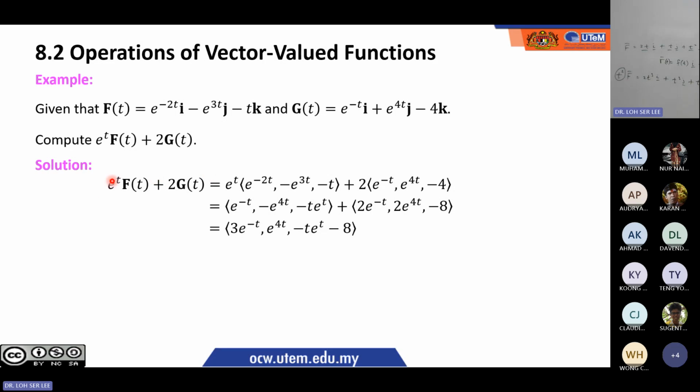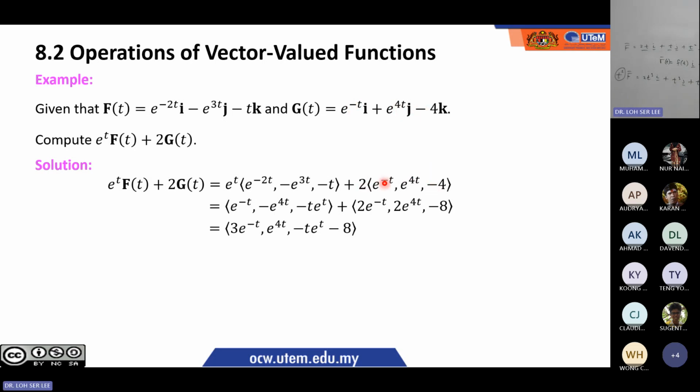Now we want to multiply e^t to this f(t). So e^t is multiplied to every single component function. So here we have negative t; t minus 2t gives negative t; t plus 3t gives 4t. And this times this, you get this. For 2 times g(t), 2 is multiplied to every single component function, taking together the negative sign.